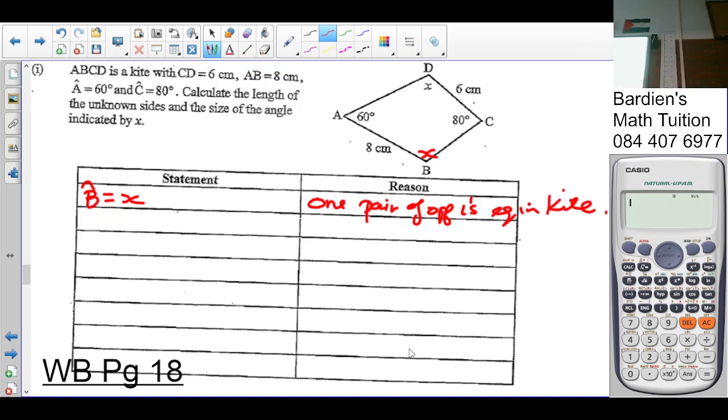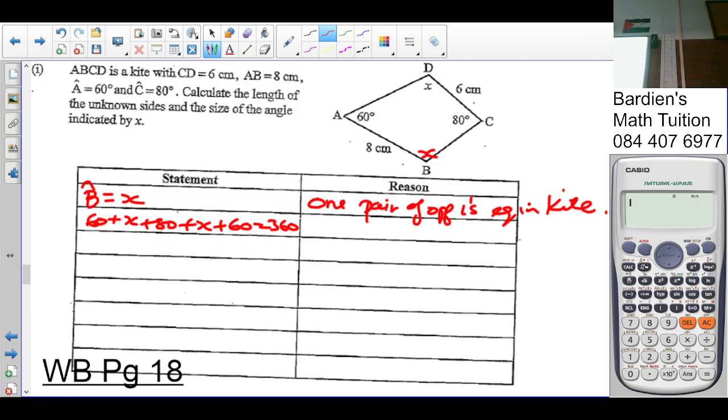Right, now what can we say? 2x plus 60 plus 80 equals 360. You all agree with that? So I say 60 plus x plus 80 plus x plus 60 equals 360, or as you said, 2x, you went straight into that, no problem. And what's the reason here?